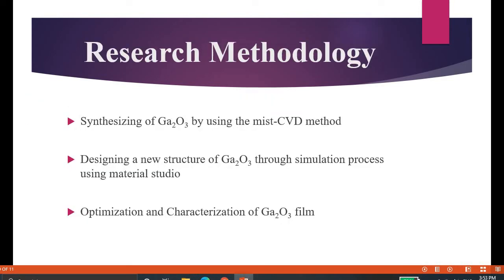Now comes the research methodology. I have three stages of research methodology. The first one is synthesizing gallium oxide by using the mixed CVD.